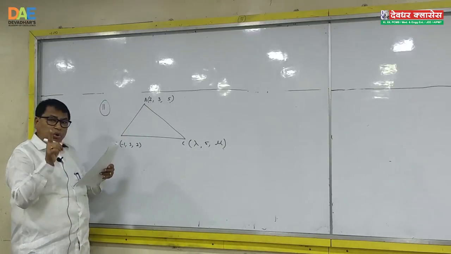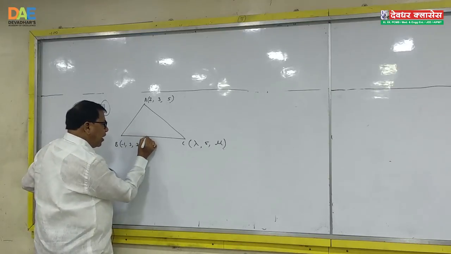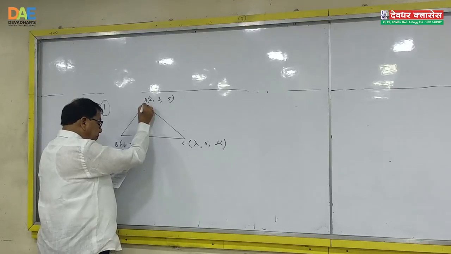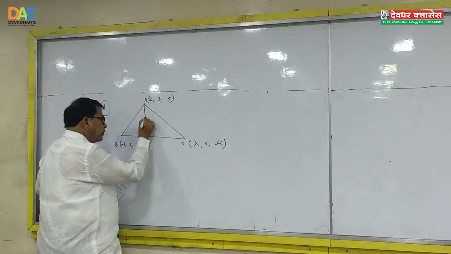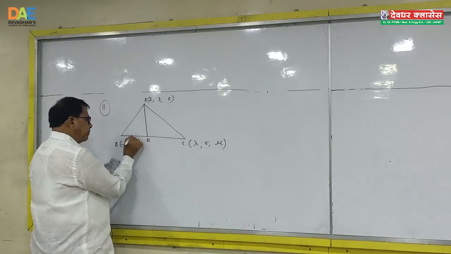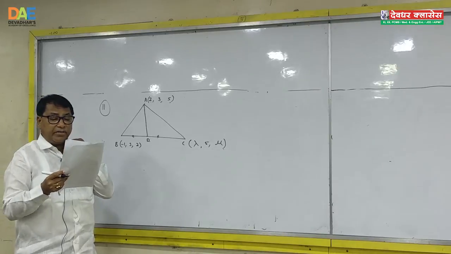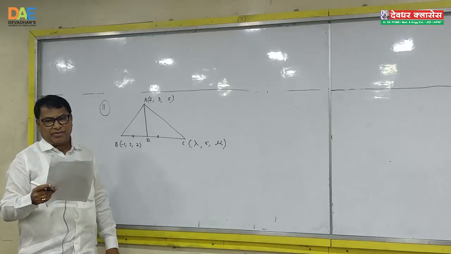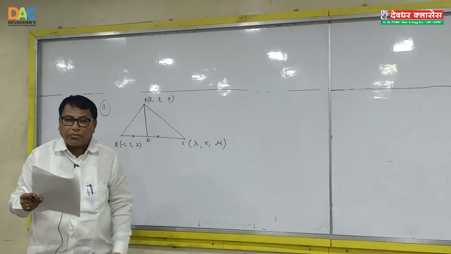If the median through A, that is AD, a segment joining A to the midpoint of BC, is equally inclined to the axes, then we have to obtain the values of lambda and mu.